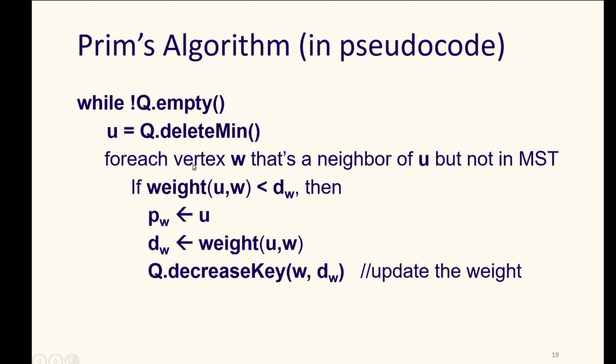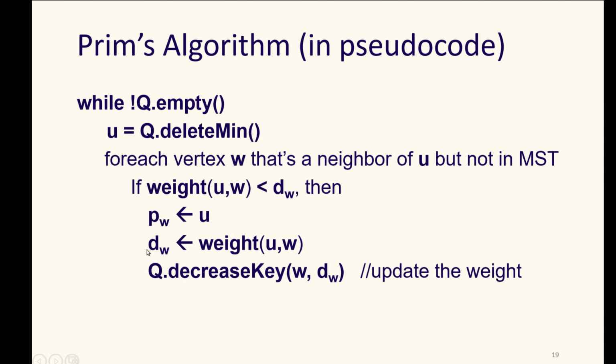Great. We see if that vertex is already in the minimum spanning tree. And if it is not already in the minimum spanning tree, meaning that it's not already fully known, then if the weight from U to W is less than W's current distance, then we update the parent of W to be U, and we update the weight of W to be the weight between U and W.